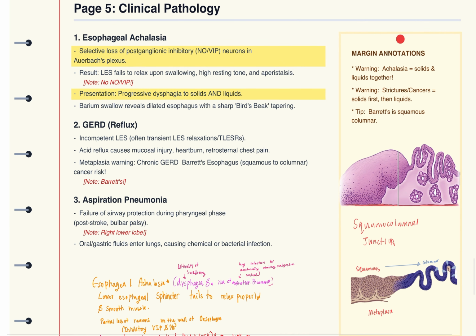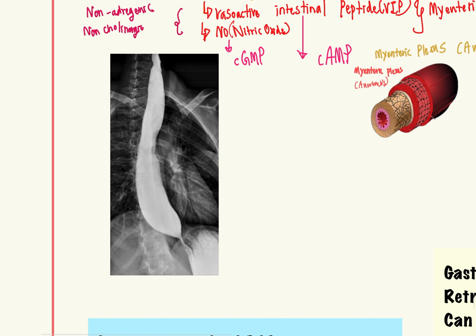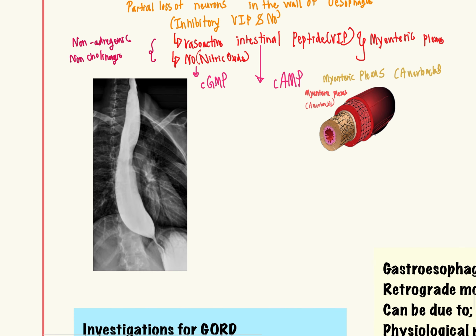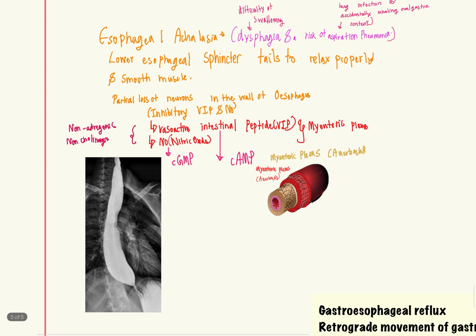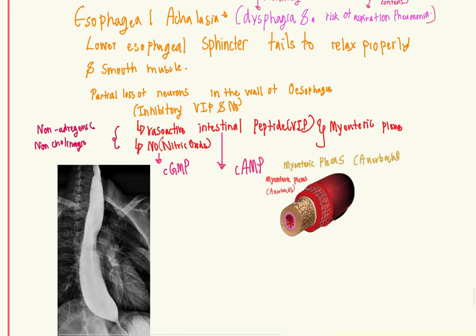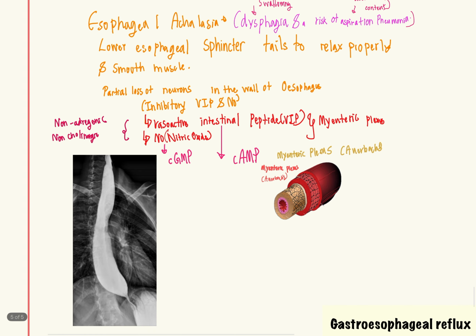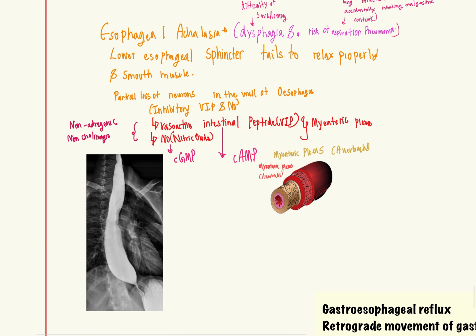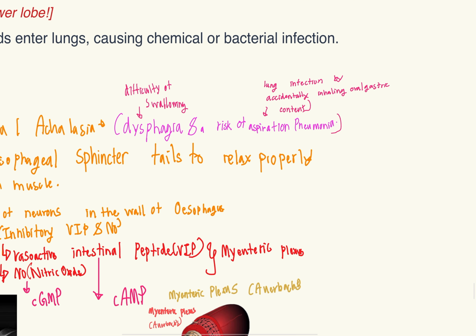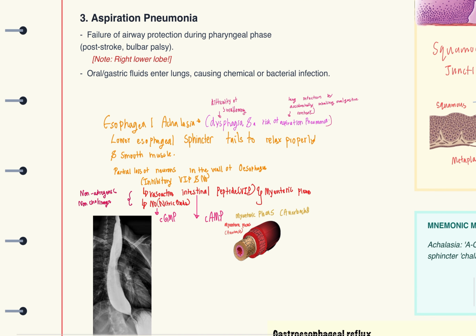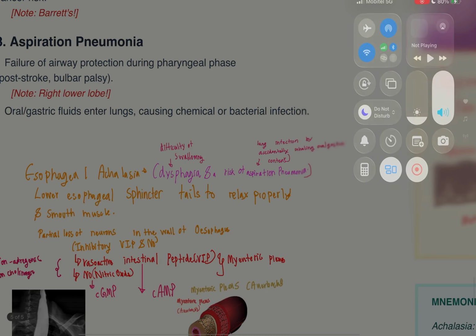So that means if it can't relax, we can see a bird-beak like appearance. This happens due to partial loss of neurons. Difficulty in swallowing also happens, as well as lung infection by accidentally inhaling oral and gastric content.